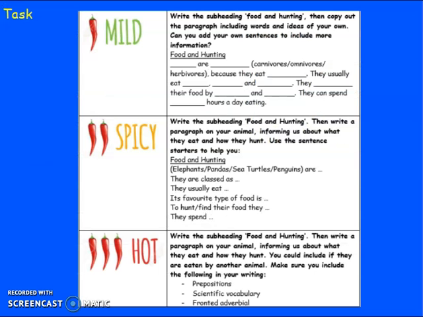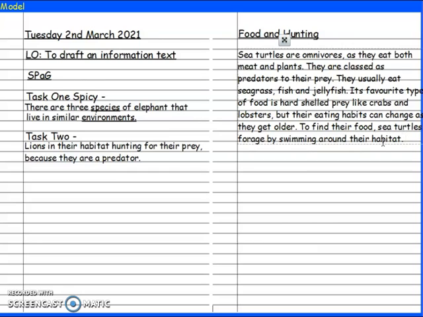And then they spend, I could think about how many hours do they spend eating, or how many hours do they spend hunting, or do they spend the day hunting or the day sleeping and the evening hunting? So I know that turtles spend most of their day swimming and looking for food.